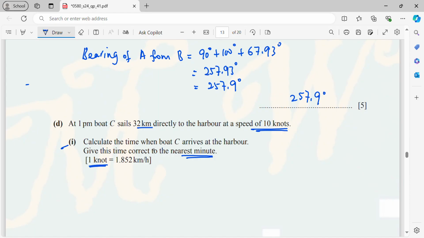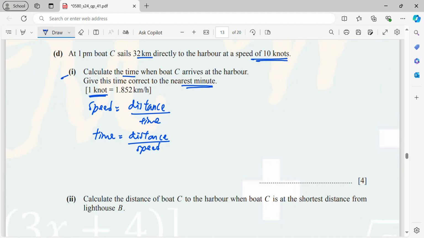Okay, so now we know that speed equals distance over time. And now you need to find time. So the time move up, speed move down. So time equals distance over speed. So now the distance is 32 kilometers.